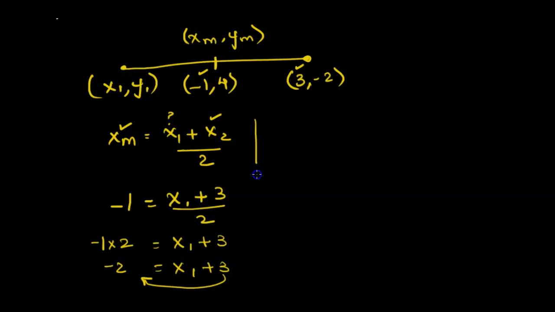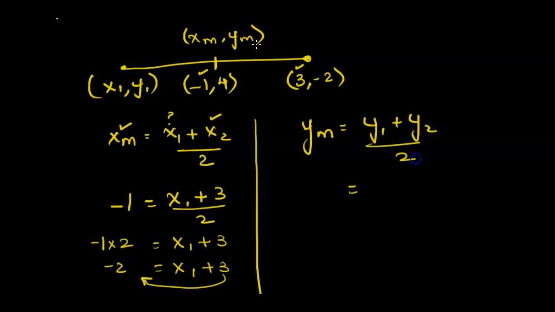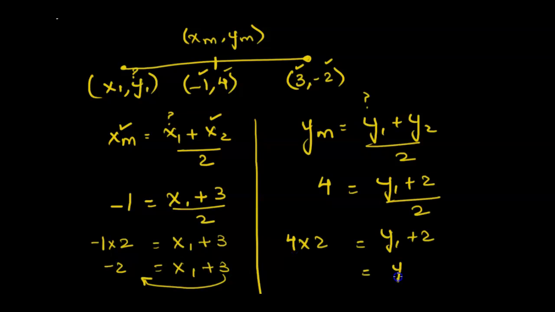Similarly, we can find the value of y1 by using the ym formula. We know ym is y1 plus y2 divided by 2. ym is 4. y1 is what we are looking for. And y2 is -2. The whole thing divided by 2. Now we are solving for y1. Therefore, y1 would be equal to 8 minus 2.